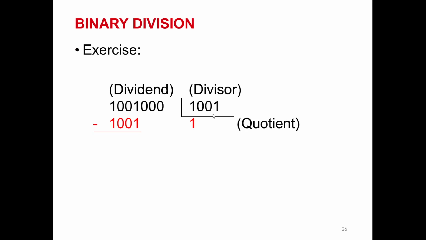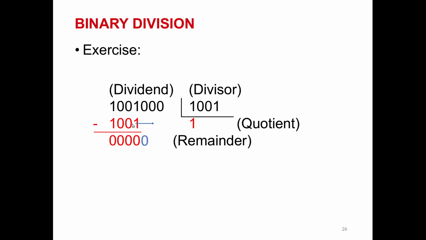We can see that here we take the divisor and put it at the most left in comparison with the remainder, and we take this part of the remainder, subtract the divisor, and we can see the result here is 0. It means that this value of the remainder is bigger than or equal to the value of the divisor, and so the quotient bit will be 1.